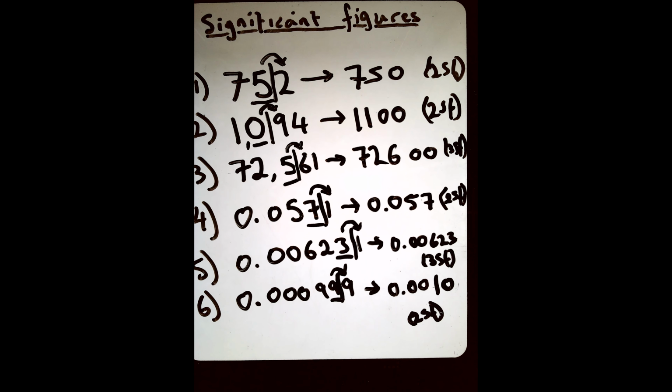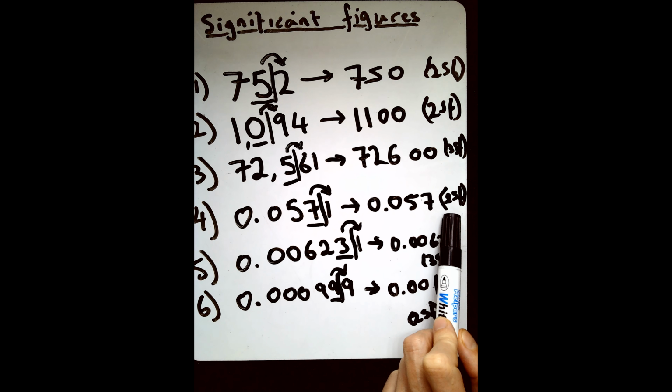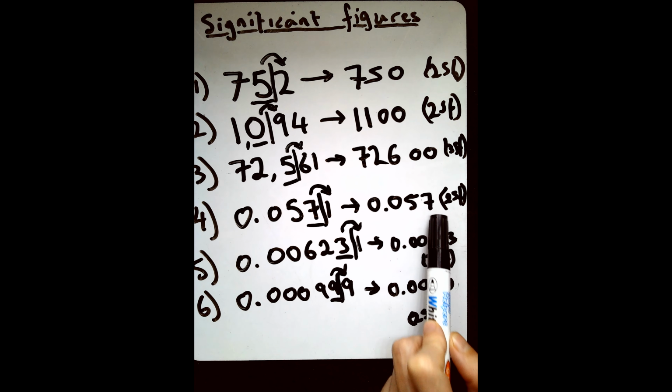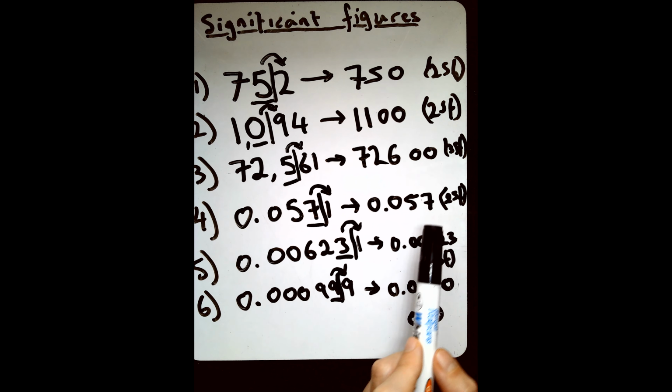I just want to clarify, you only don't write the zeros when they are not placeholders, so when they are not keeping your digits in the right places, which is why after the decimals here, after the last non-zero digits for number 4, I don't have to write the zeros after that because they're not keeping that 5 and 7 in place, they're not placeholders.